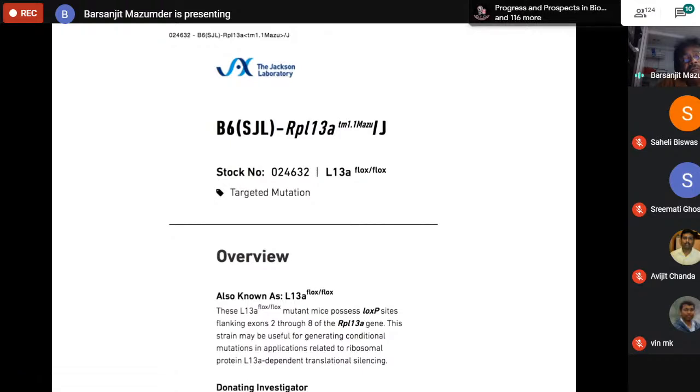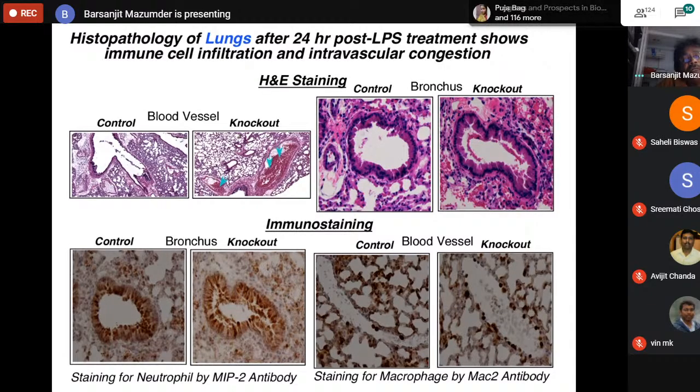So what we did at the beginning using this mouse is we challenged it with LPS to cause inflammation, and then tested how this inflammation resolves in the macrophage-specific L13A knockout mouse versus the control mouse.